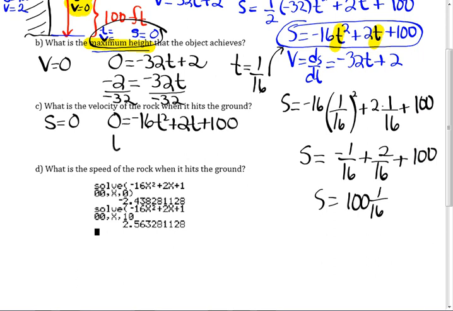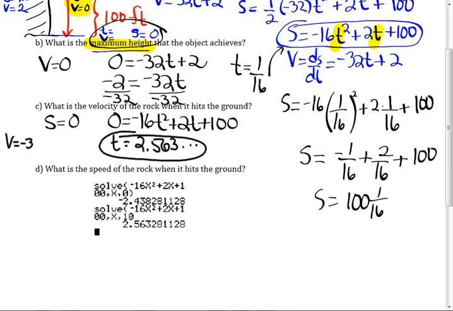So the t here is 2.563. Now, when you put this into your velocity equation, you have to have all those digits. Okay, what's the velocity equation? V is equal to what?